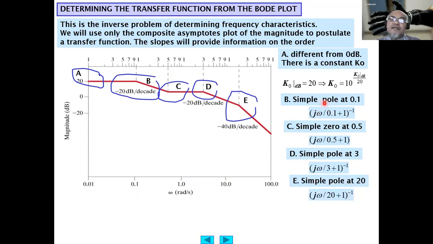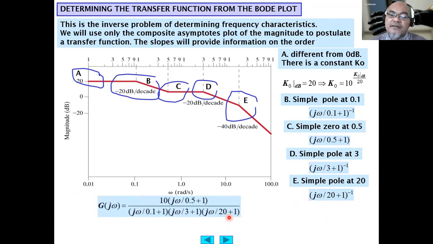Okay, then from here we can write the complete transfer function as H(j omega) equals 10 times (j omega divided by 0.5 plus 1) divided by this one, multiplied by this, multiplied by this.